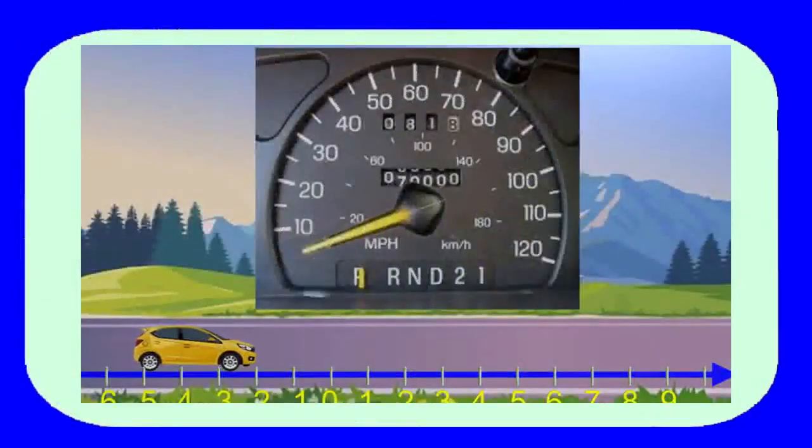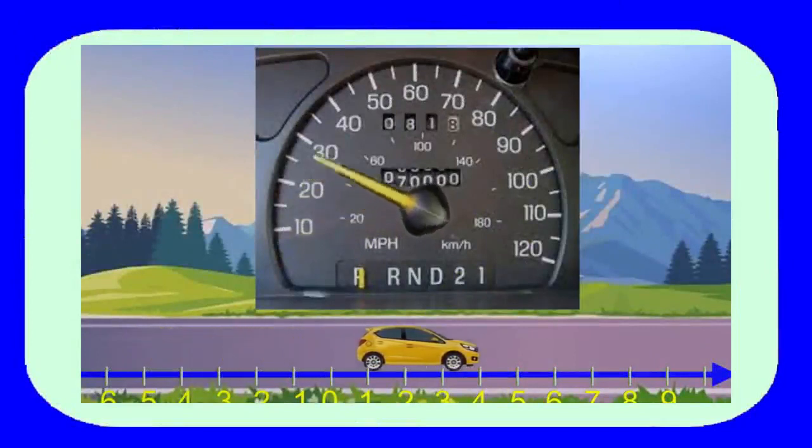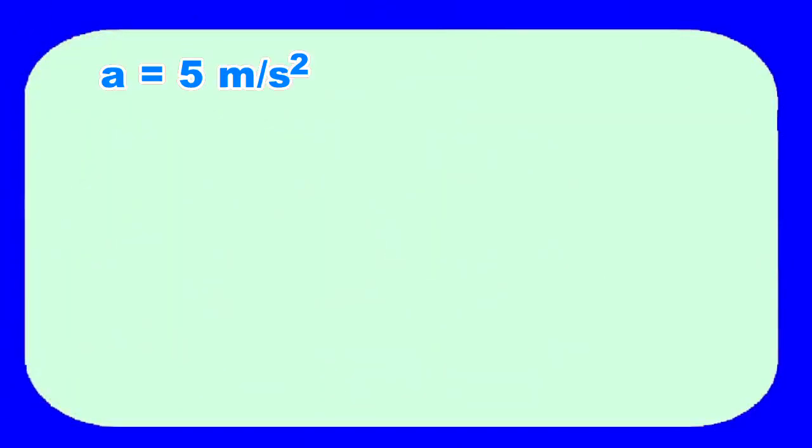Tip 2. We want to examine the concept of acceleration. Acceleration is the change of velocity per unit of time. For example, if acceleration is 5 meters per second squared, it means that velocity increases by 5 meters per second every second.